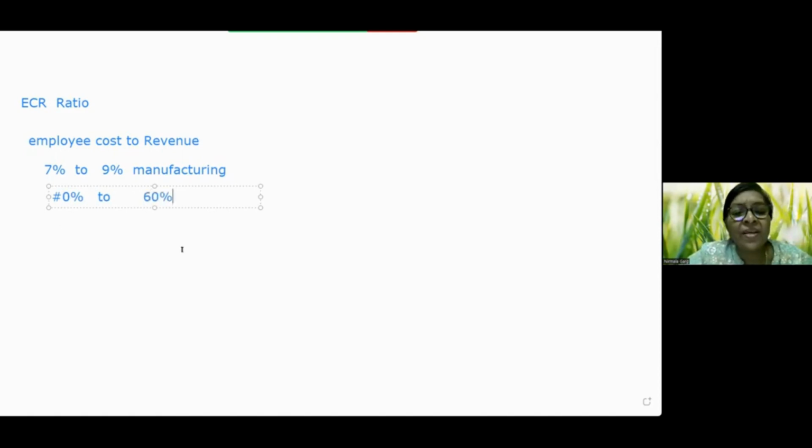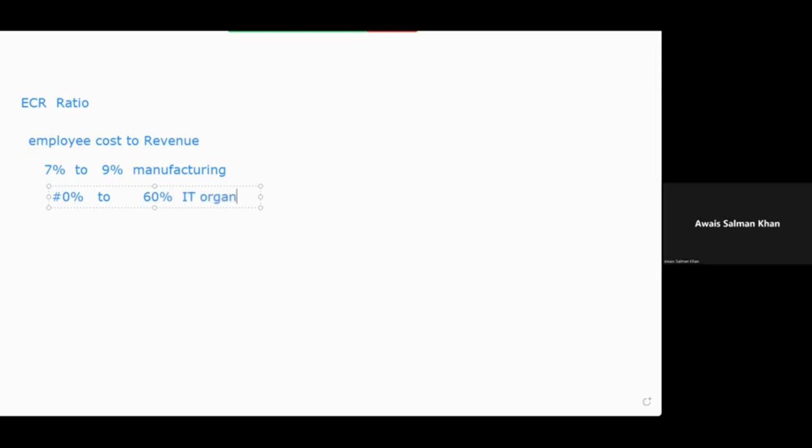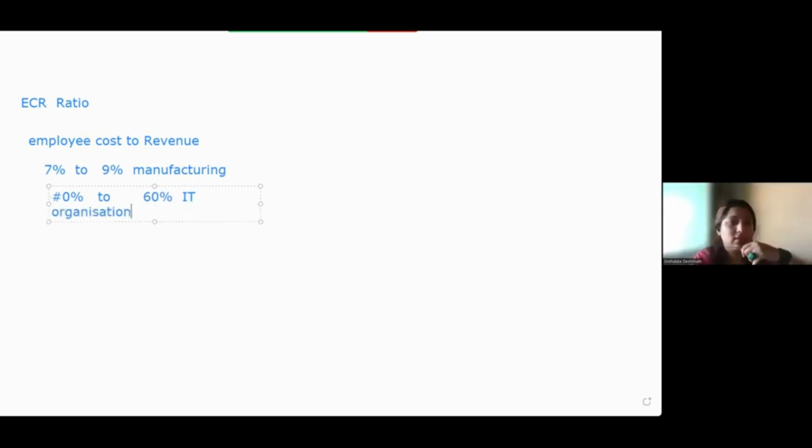Why is this so high in IT? Because IT employees are the major cost, and those skills are quite expensive. Majorly in IT, the service cost is the employee cost only.